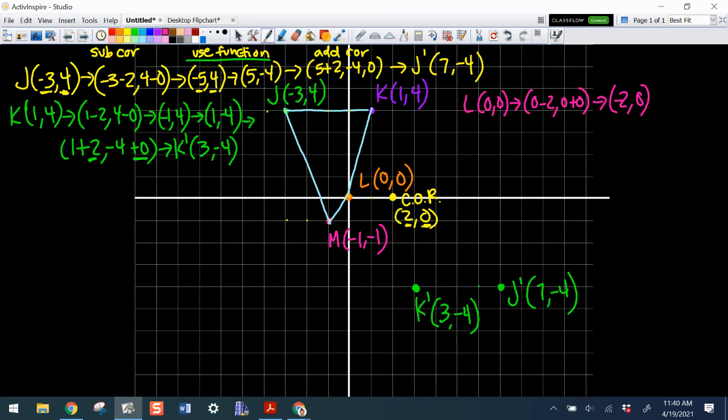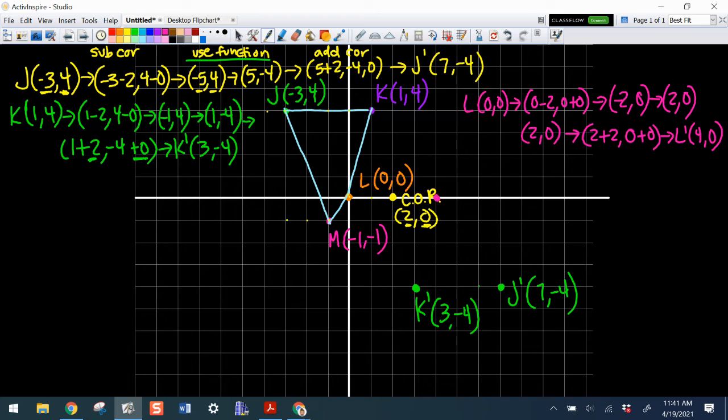Now we're going to use the function by changing each sign to +2, +0. And then we're going to add our center of rotation back, which is currently at the point 2, 0. So we're going to add the point 2, 0 back. So L prime will now be located at 4, 0.